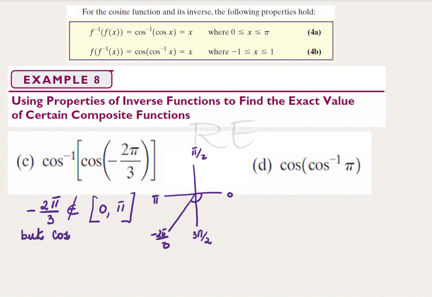However, because cosine is an even function, cosine of negative 2 pi over 3, cosine representing x, is the same as cosine 2 pi over 3, and 2 pi over 3 is between 0 and pi.